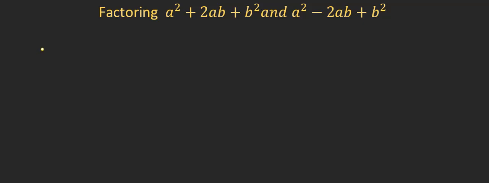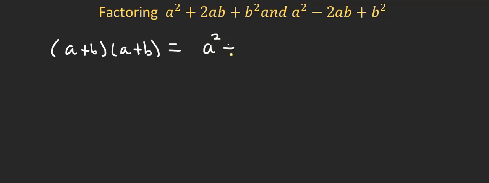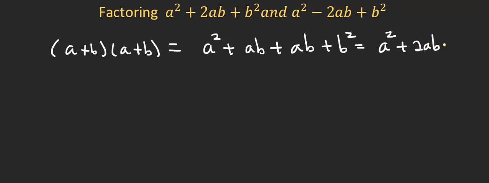In this video, we're going to talk about perfect square trinomials. Before we do that, let's review. Let's say you have the quantity a plus b times the quantity a plus b. When you multiply this, you will get a squared plus ab plus ab plus b squared, which is a squared plus 2ab plus b squared.